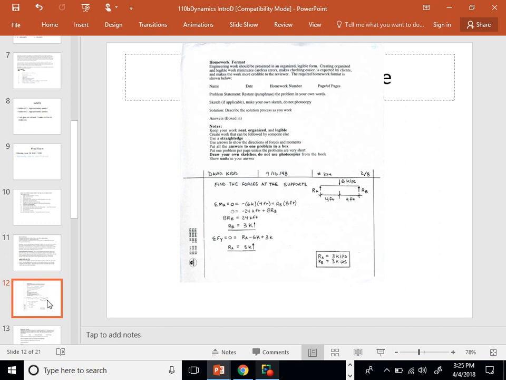Let's see, I got a homework format that I like people to use. Now, those of you that have had me may not need one of those, but whoever wants one of these, I'll give them to you. If you've not had me before in classes, you probably want one of these just to see what it's not supposed to be looking like.